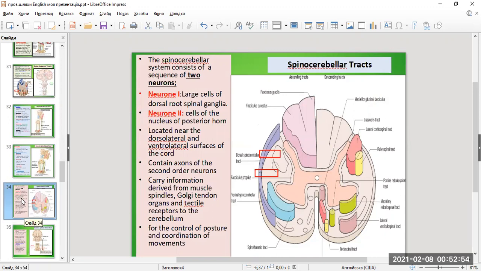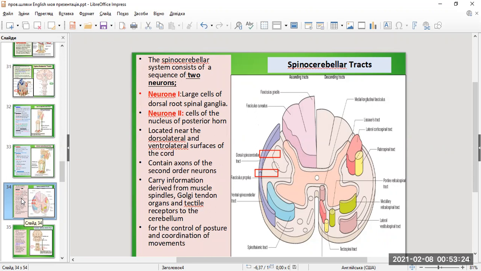Spinocerebellar tracts. The spinocerebellar system consists of a sequence of 2 neurons. Neuron number 1 are large cells of the dorsal spinal ganglia.